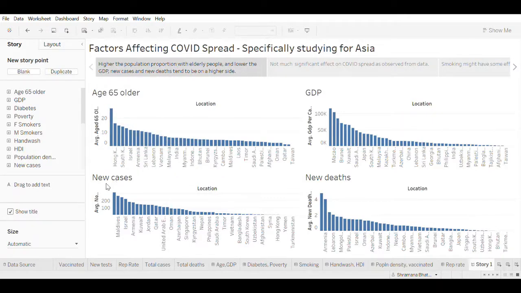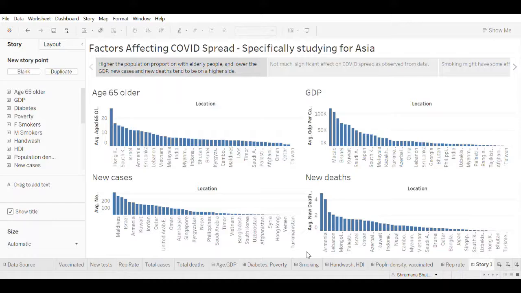Corresponding to that, we are going to see the new cases and the new deaths. Okay, so this is a visualization with respect to what we'll try to find out, whether this age and GDP might affect the new cases or the deaths.